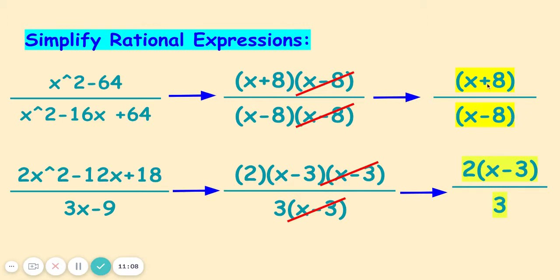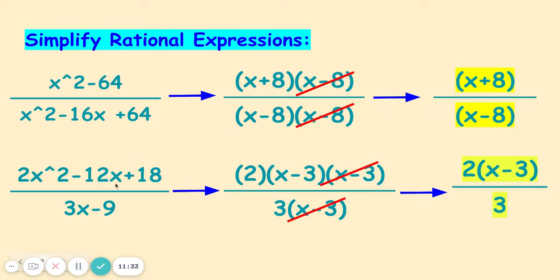So, the domain of this rational expression x plus 8 over x minus 8 are set of real numbers except positive 8. Okay? So, yun po yung sagot. So, again, ma'am, bakit po hindi pwedeng cancelin si x, hindi pwedeng cancelin si 8? Because, again, they are separated by addition and subtraction, not product. Okay, that will be your answer.